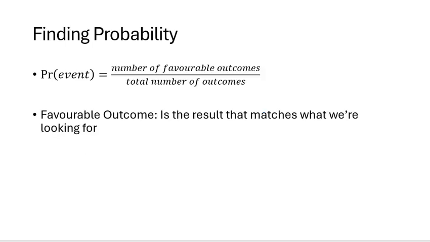Now, this formula here, this is your bread and butter to finding probability. So how it typically works is the question will say, hey, find the probability of whatever. You are going to first find the number of favorable outcomes. The number of favorable outcomes is basically the result that we want. So how many options are there available? So if you think about it, it's like, hey, what's the probability of me rolling a 3 on a die?